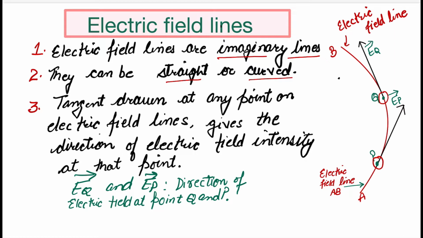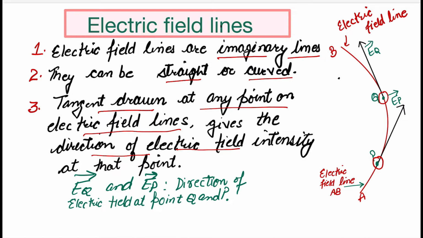When you draw a tangent to the electric field line, it gives you the direction of electric field at that particular point. So, the tangent drawn at any point on the electric field line gives us the direction of electric field intensity.